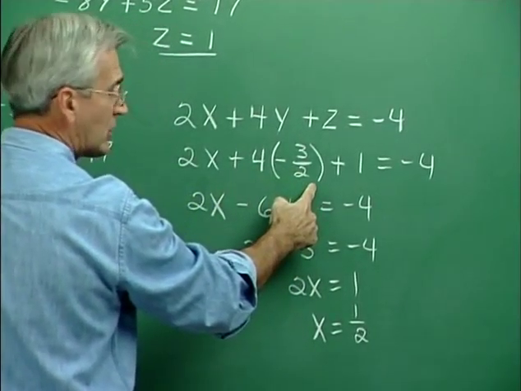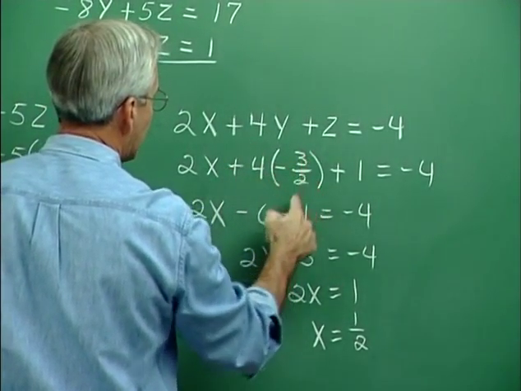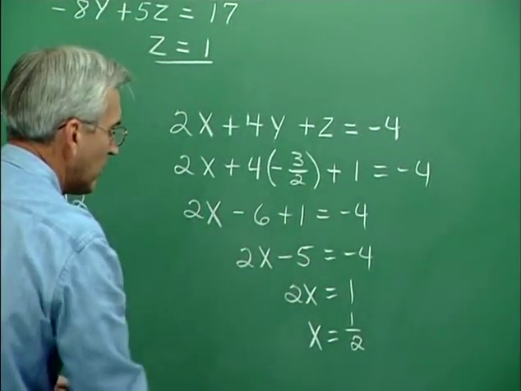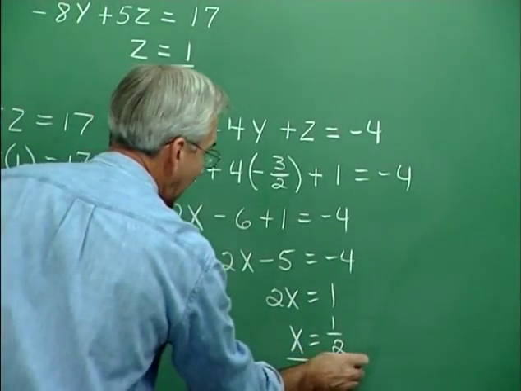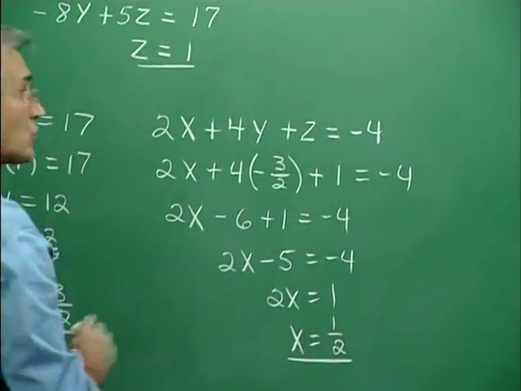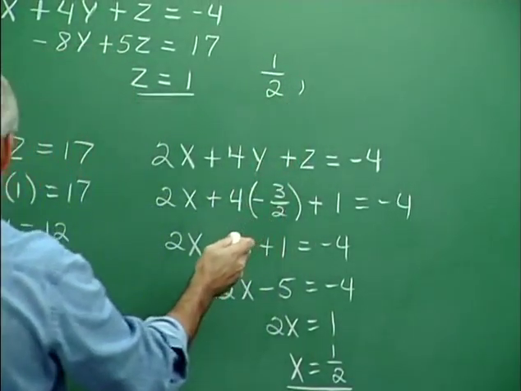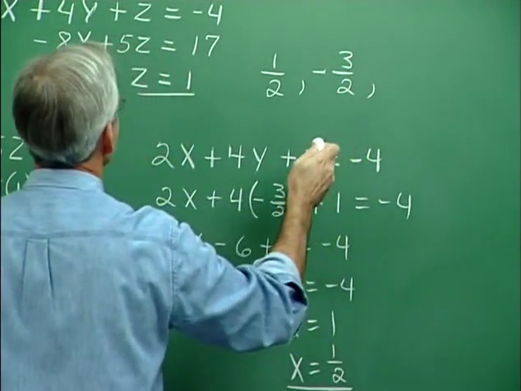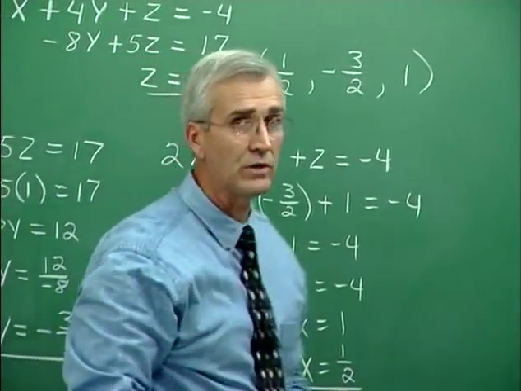We have a nice cancellation here, fortunately. The 2 divides 4, giving 2. 2 times negative 3 is negative 6. And then collecting and adding 5 on both sides, we find 2x is 1, so x is 1/2. And therefore, the ordered triplet is x is 1/2, y is negative 3/2, z is 1, so this ordered triplet solves the system of equations.